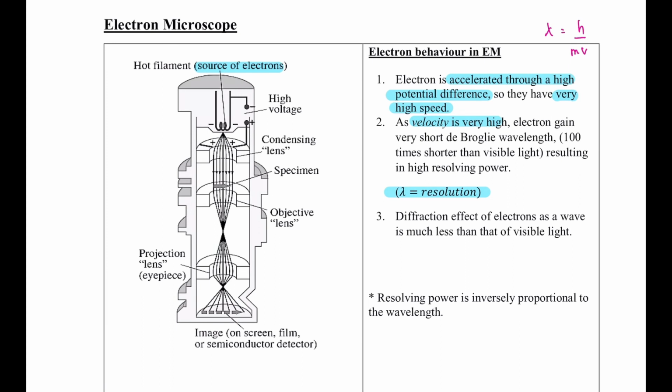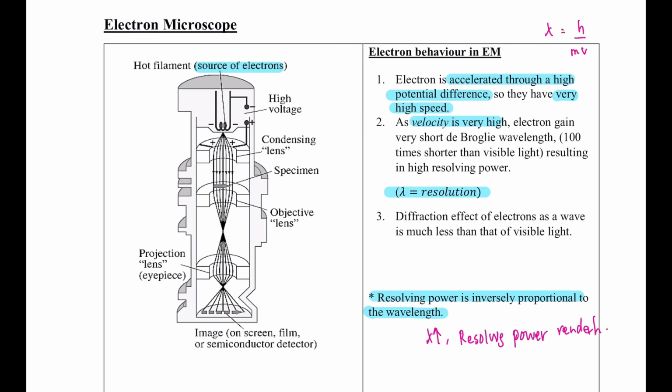Okay, tetapi lambda ni is inversely proportional to resolving power. Kat sini lah. So maksudnya kalau lambda tinggi, resolving power dia rendah. Which is good lah.